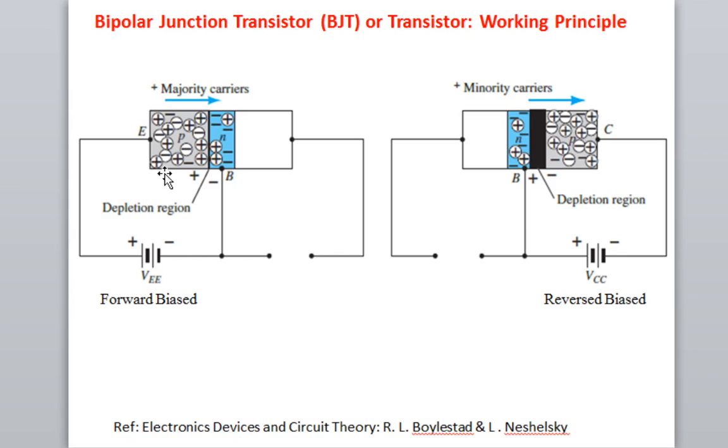What is the criteria of applying voltage in a transistor? That is quite similar to the PN junction diode, but in the diode we had only one junction. Here we have two junctions. So how can we connect these two junctions with a power supply, an external battery?